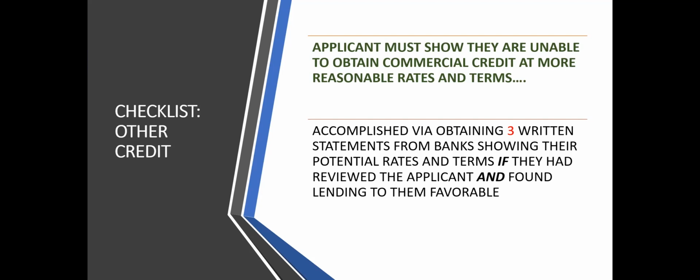But the way that you have to show that you can't get better terms someplace else is by getting 3 written statements from banks that show the rates and the terms they would have given you if they had reviewed your application and if they had agreed to give you the loan. So to be clear about that, you do not need to get a statement that they actually have gone through all the process and have decided to accept or to reject you. It's merely indicating, if they had gone through the program, if they had made a favorable decision, what the rates and terms would have been on that loan.